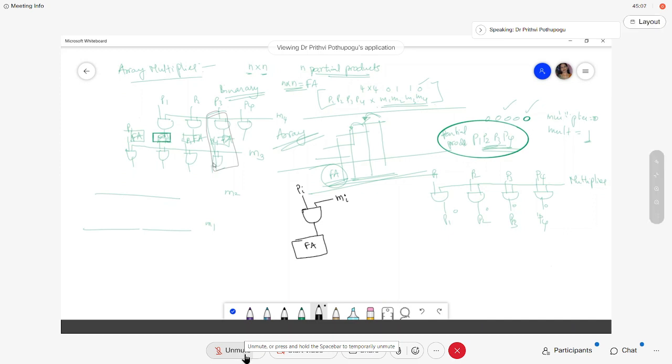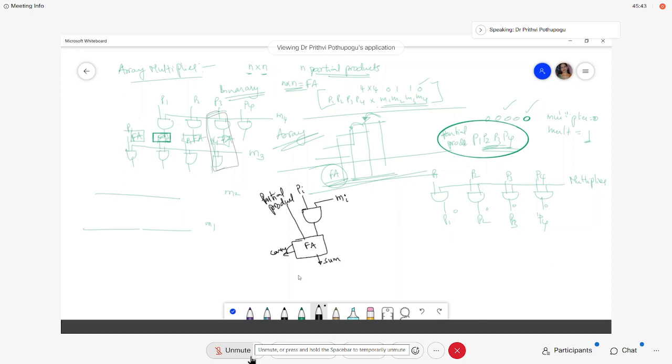So this full adder will give you the carry as well as the sum. And the next input that will be given is the addition output: after generating the partial product, the previous stage partial product will come as one of the inputs to the full adder.